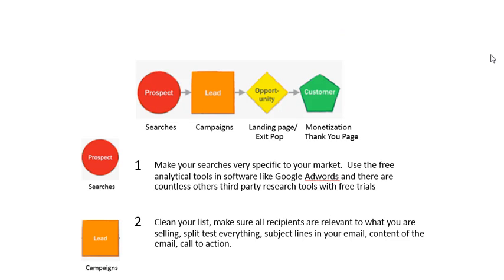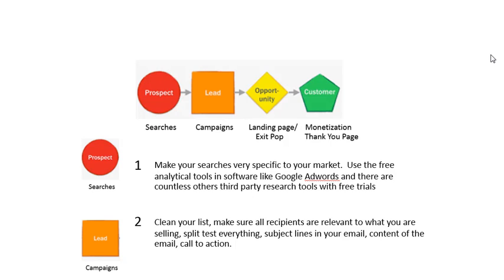Number two, clean your list. Make sure that all the recipients are relevant to what you are selling. Split test everything: your subject lines, the content of your email, the call to action. Let's take the situation where a guy opens your email because the subject line looks attractive, but he does not click through to the landing page.